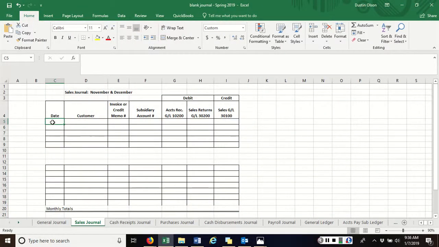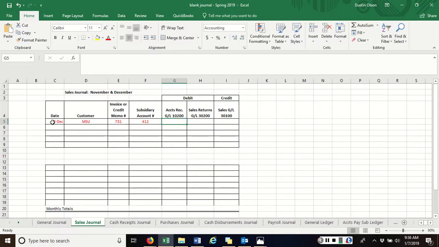So we'd come here to our sales journal, we'd put in the date, the customer was MSU, invoice number was 731, their account number was 412.